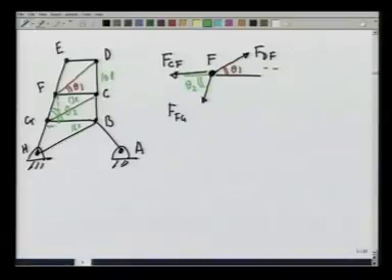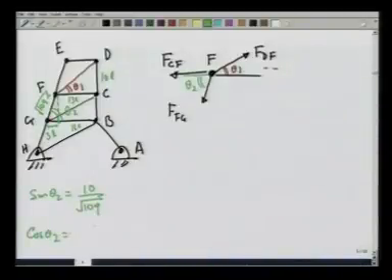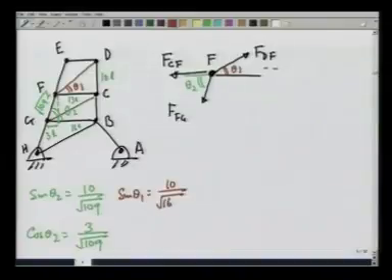So, therefore, this portion is going to be 3L, and this length FC is going to be square root of 109 L, and therefore, I can write sine of theta 2 is going to be 10 over the square root of 109, cosine of theta 2 is going to be 3 over square root of 109, and we have already seen that sine of theta 1 is 10 over square root of 269, and cosine of theta 1 is equal to 13 over square root of 269.